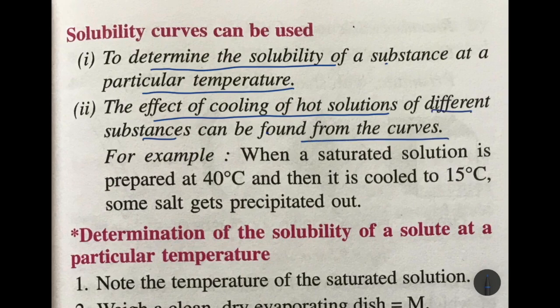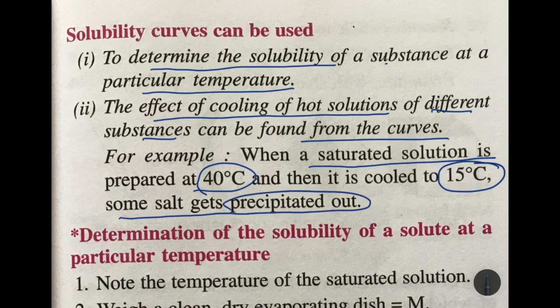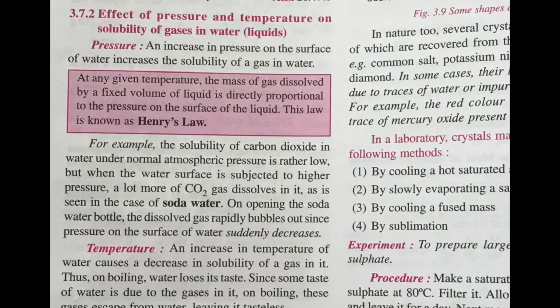When a certain amount of temperature is decreased, how much of the crystals are going to come out from the solution can be determined by just looking at the curves. For example, when a saturated solution is prepared at 40 degrees Celsius and then it is cooled to 15 degrees Celsius, some salts get precipitated out as crystals. That can be determined by just looking at the solubility curve that you see in the graph.